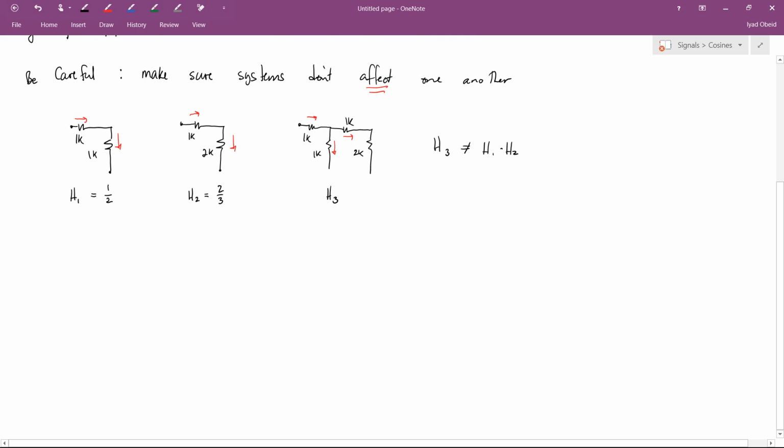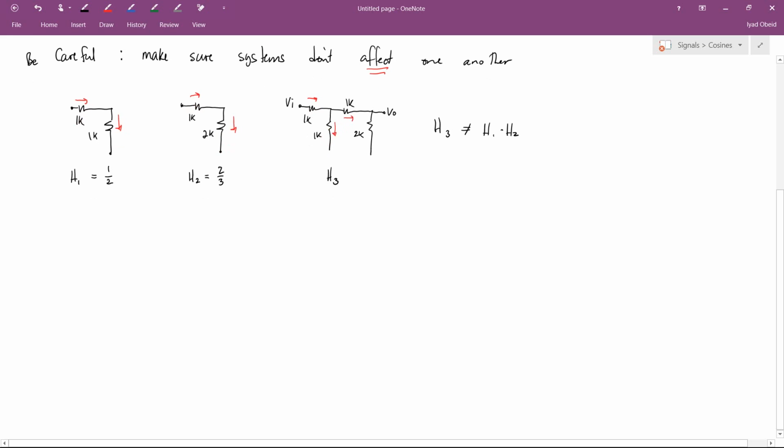The first choice I have is just to solve H3 as if it was its own system. So let's say this is my Vout and this is my Vin. I've really got a voltage divider of a voltage divider. I can work out the current equations and the voltage equations and solve for Vout, and I've done that.